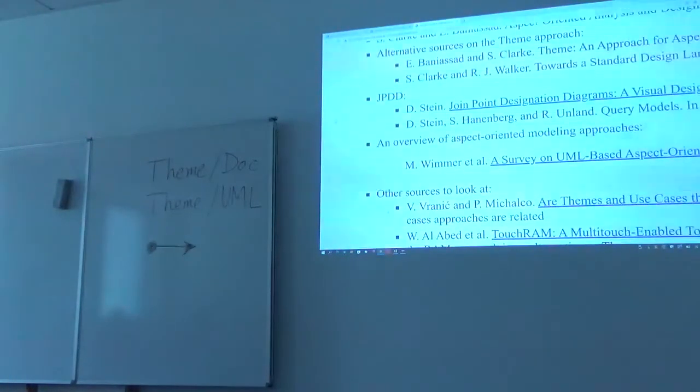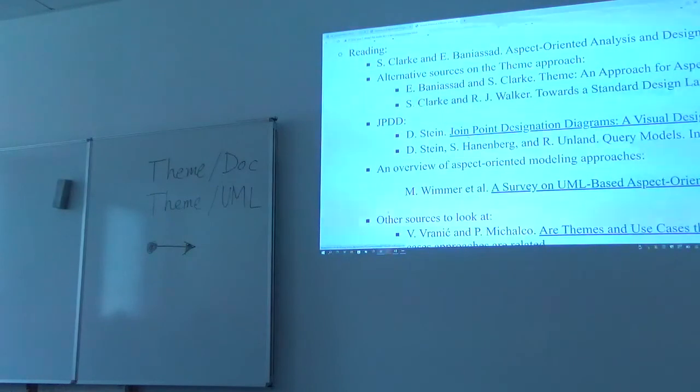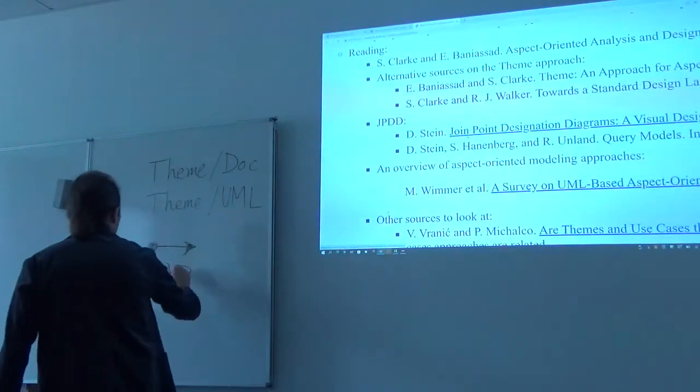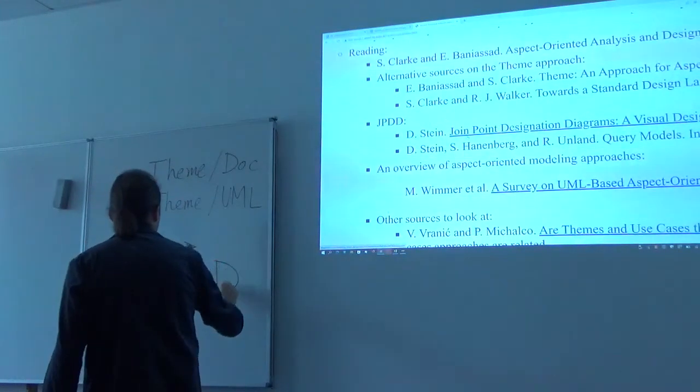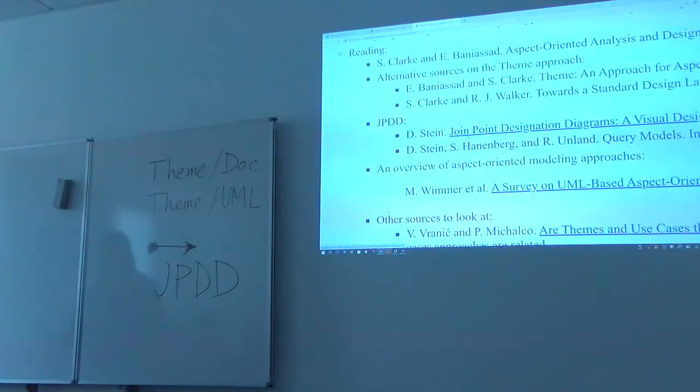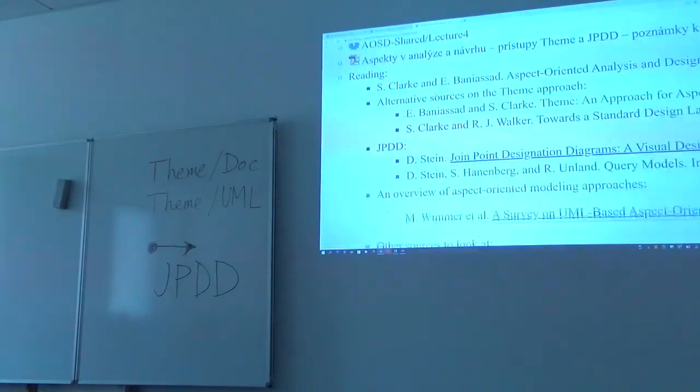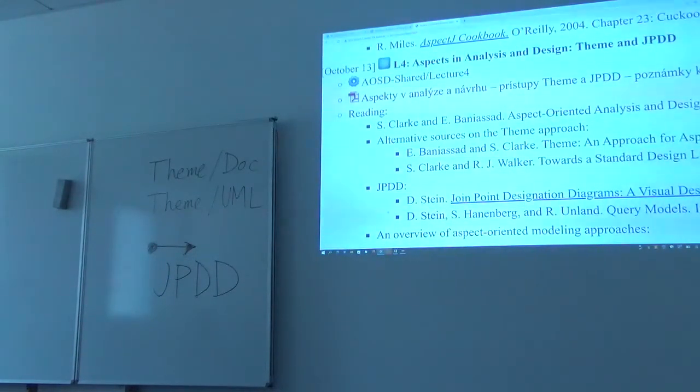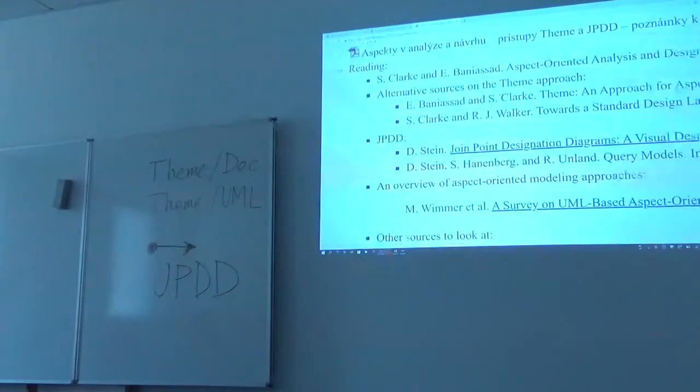Okay, so these were JPDD. Sorry for not mentioning. So those pointcut designation queries are called join point designation diagrams. So we are done with aspects in analysis and design, Theme and JPDD.